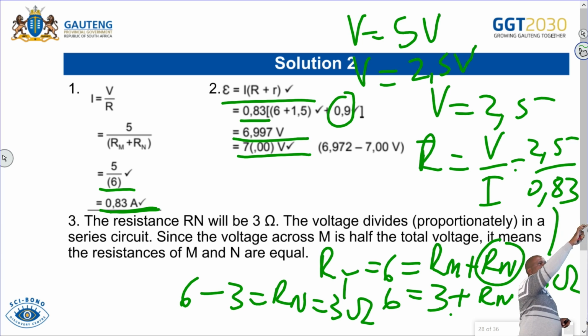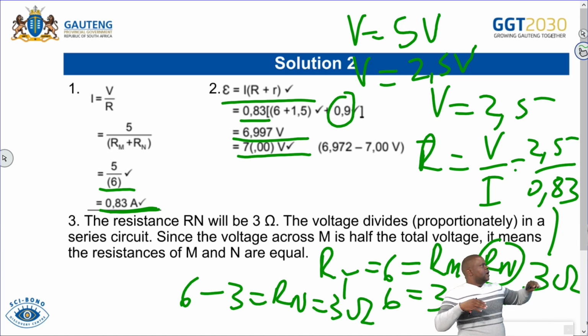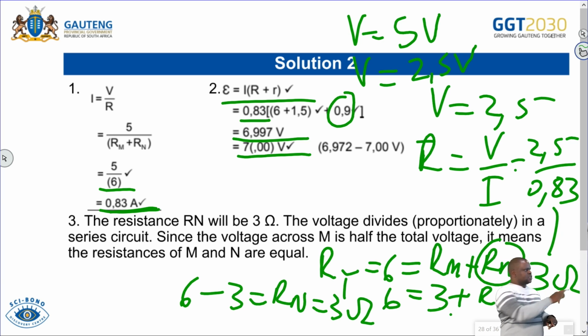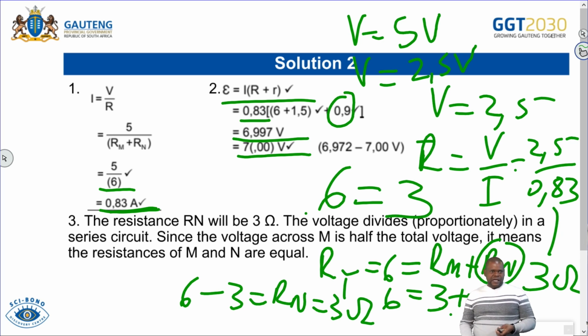That is half of that. Are we together? That means if you halve the potential difference, the resistance must also be halved. The total resistance was 6. Because we halved the voltage, now we must halve the resistance. That is why we get 3. Are we together? Yes. Okay.